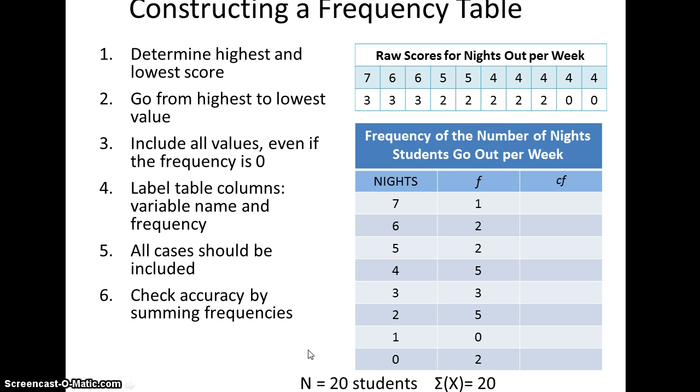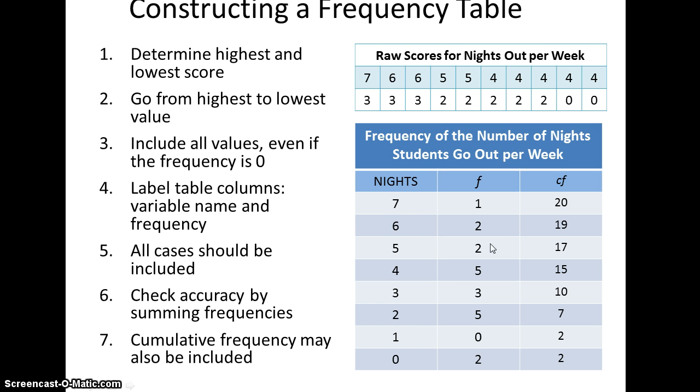And the last thing that you need to know in constructing a frequency table is that you may also include your cumulative frequency. So you start at the bottom of the table, and you see for 0 nights per week we have 2 observations, and then for 0 and 1, still 2 observations.